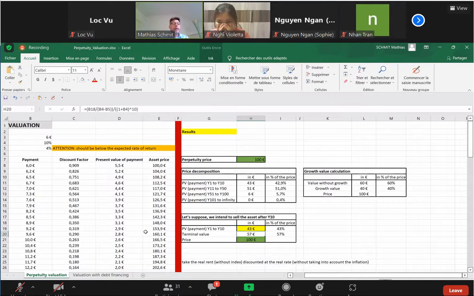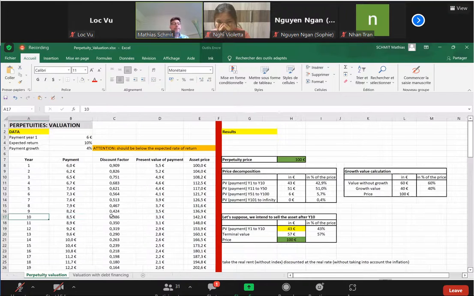And what is the terminal value? It is all the payments that you will receive from year 11 till infinity. So it's a perpetuity from year 11. Then you discount it back over 10 years, and you get the terminal value 57, and then the price today still remains the same.